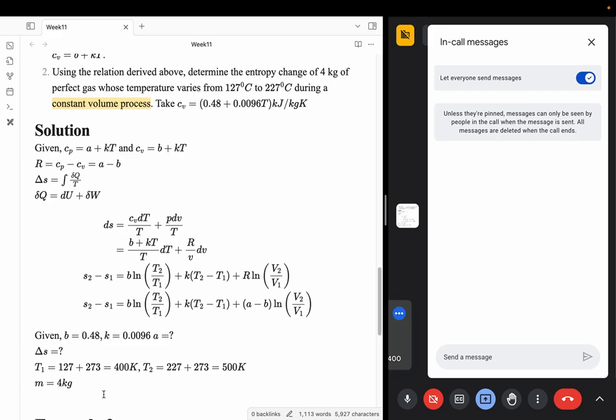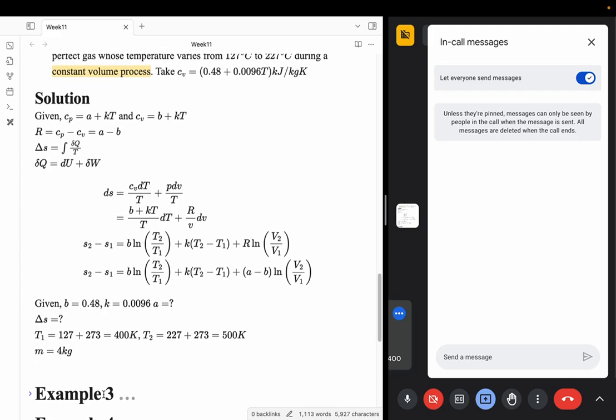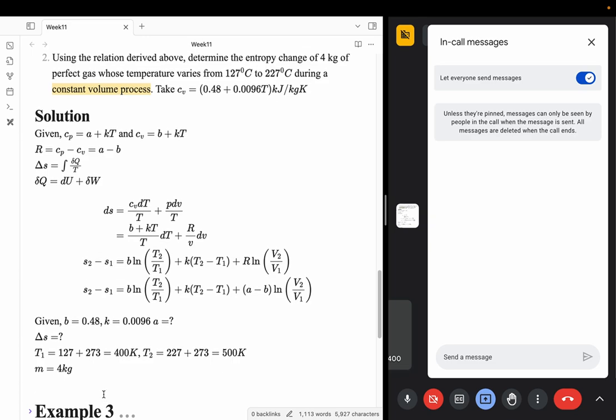The final value. Yes. So you got the unit kilojoule per Kelvin.